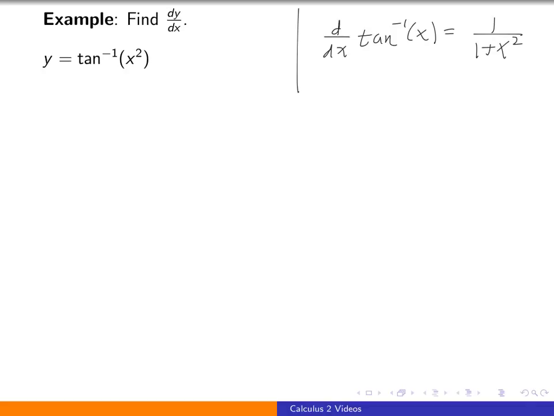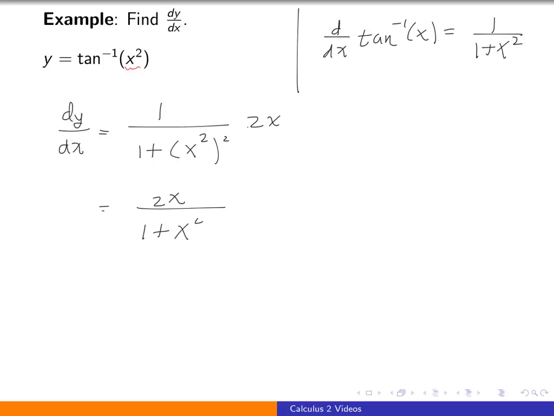Outside function tangent inverse, inside function x squared. The chain rule tells us to take the derivative of the outside function, 1 over 1 plus something squared, evaluate at the inside function, and multiply by the derivative of the inside function. So that would be 2x as our numerator over 1 plus x to the 4th.